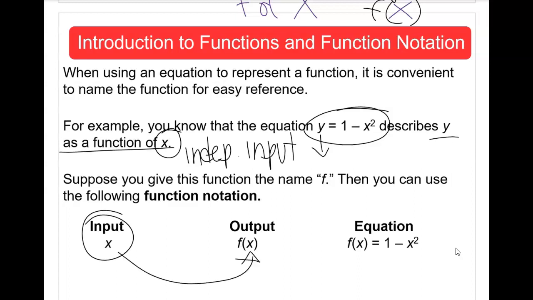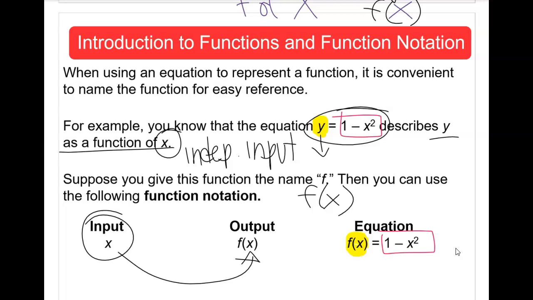So instead of just using the letter f, we will say f of x. And that is the same as saying y as a function of x. So in the same equation, we replace y with f of x, and nothing else in the equation changes. They represent the exact same thing.